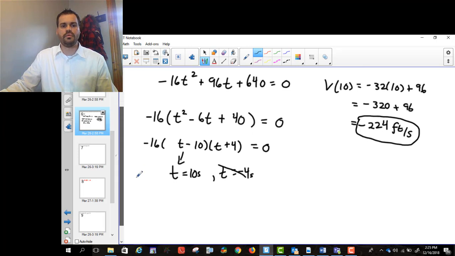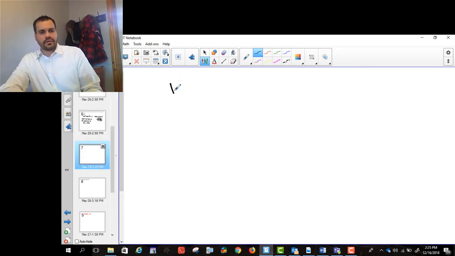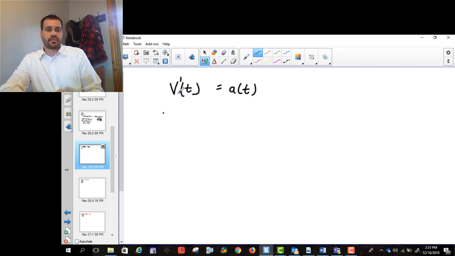Now, the only other statement that might be added in there is that when you take the derivative of the velocity, it's equal to the acceleration. Okay, and if you then translate that back to the fact that the velocity is the derivative of displacement, that means the second derivative of displacement is acceleration.